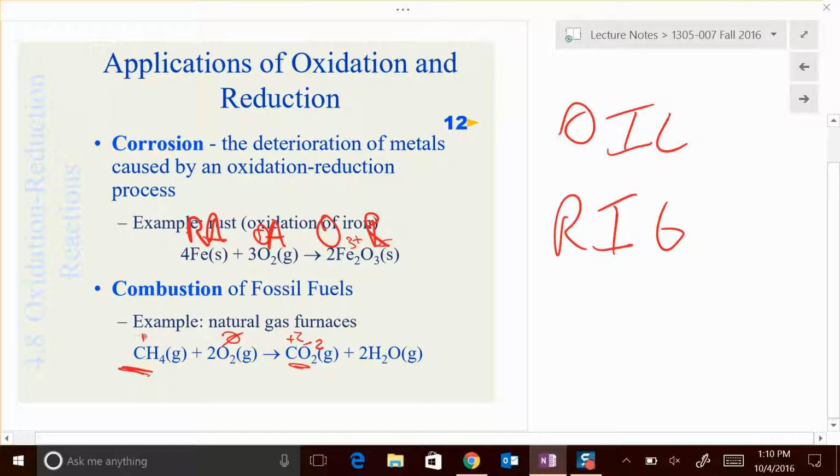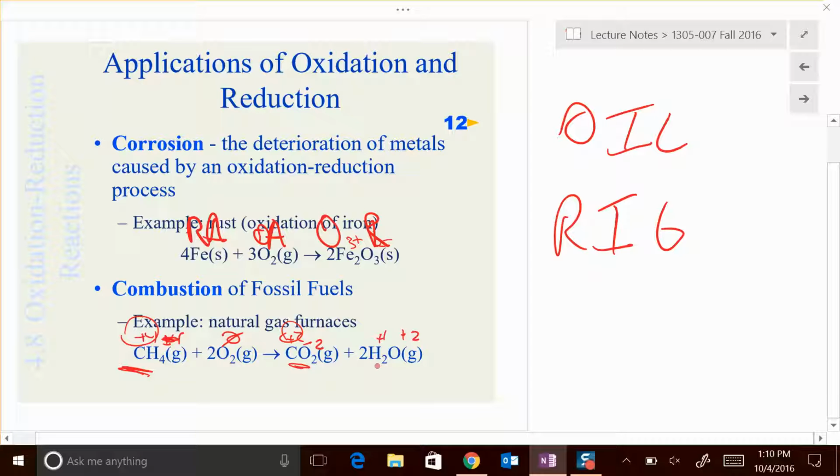This is +4. You can see that the carbon went from a +4 state to a +2 state. Is that gaining or losing electrons? That would be gaining electrons, right?